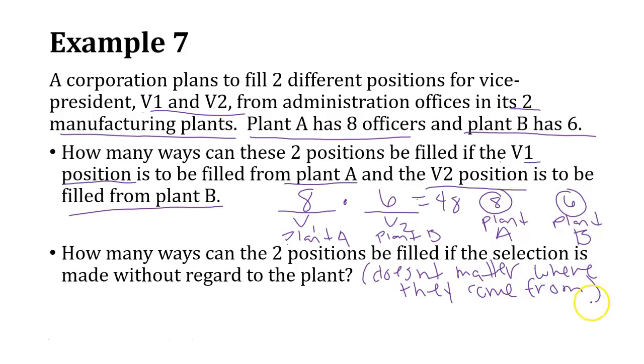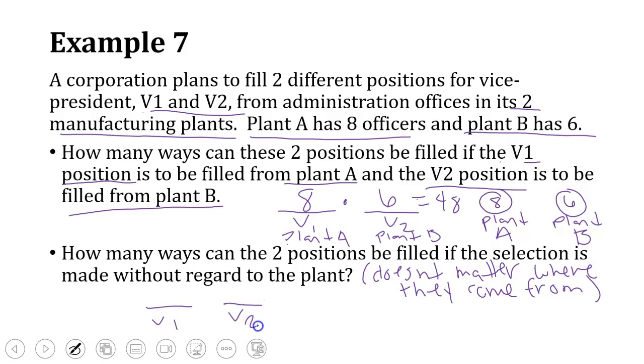All right, so I have my 2 spots, V1 and V2. So now I have 8 people from Plant A plus the 6 people from Plant B. So for Vice President 1, I have 14 choices, right? 8 people from Plant A, 6 people from Plant B.